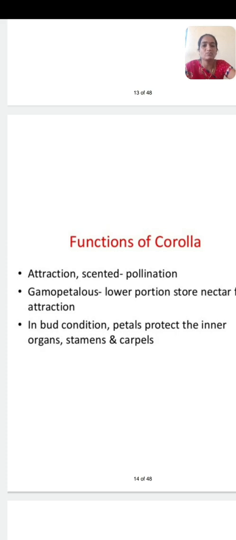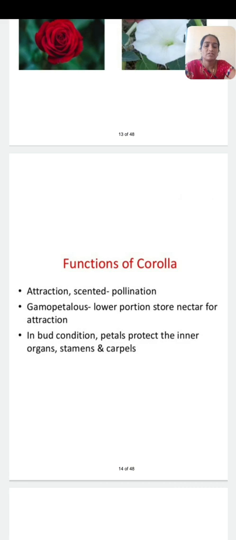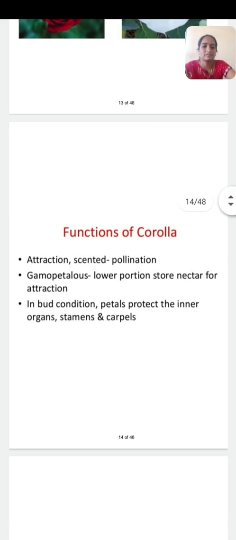These are the two most important factors which help in pollination. The gamopetalous condition lowers the portion which stores the nectar for the attraction of birds, which helps in pollination. When the flower is in bud condition, petals protect the inner organs such as stamens and carpels.